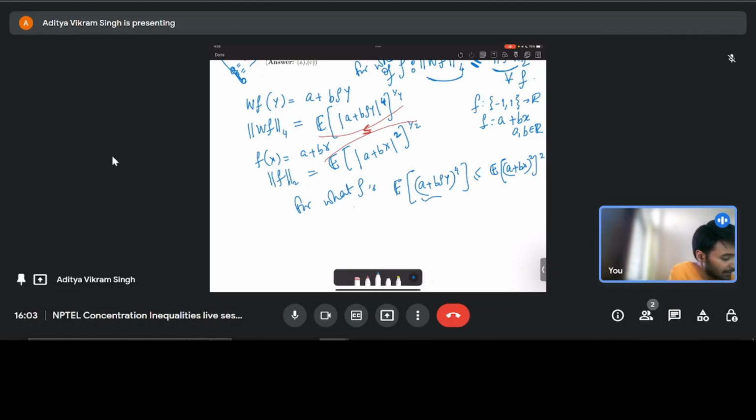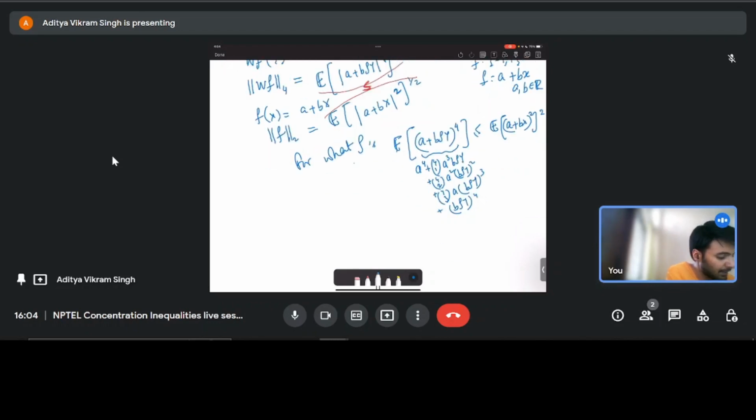For which values of rho does this happen? Now just expand it. You get a to the power 4, plus 4c1 a cube b rho y, plus 4c2 a square (b rho y) squared, plus 4c3 a (b rho y) cubed, plus 4c4, which is 1, times (b rho y) to the power 4, and then you have the expectation outside.